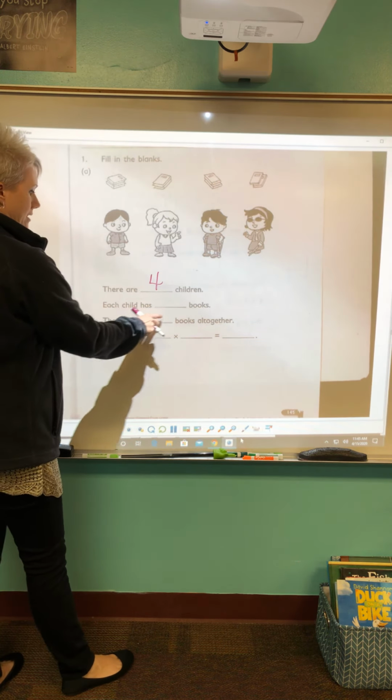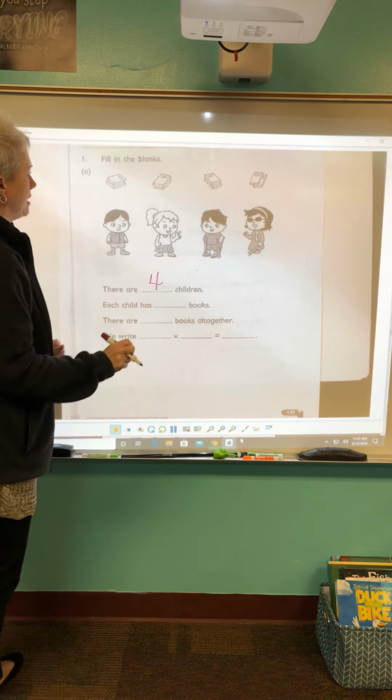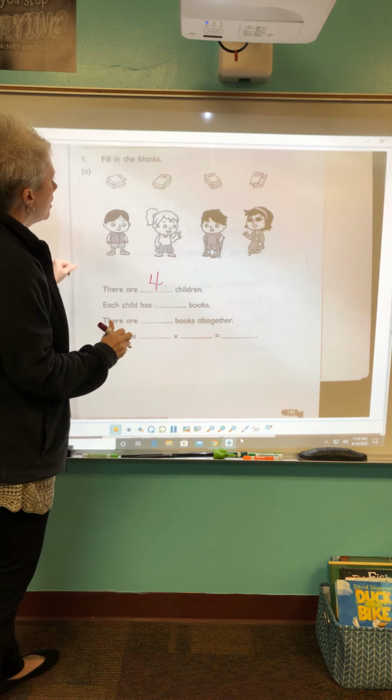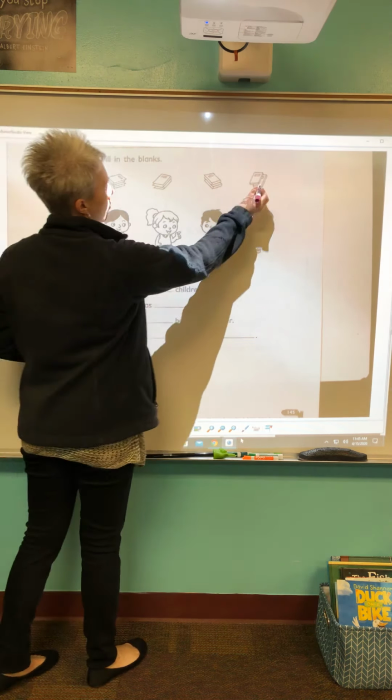Each child has blank books. How many books does each child have? Let's see. 1, 2. So each child has 2.